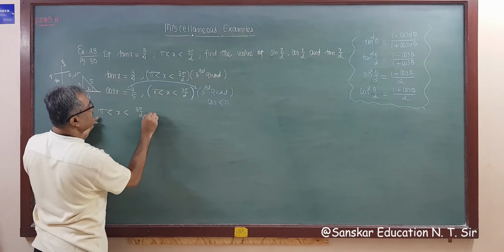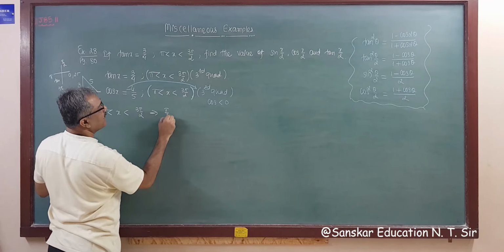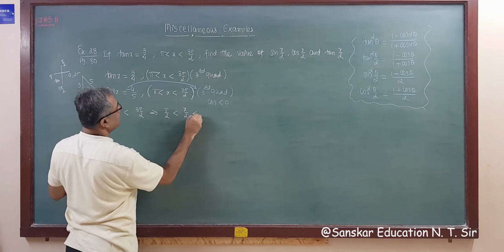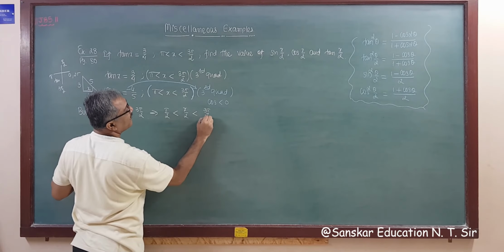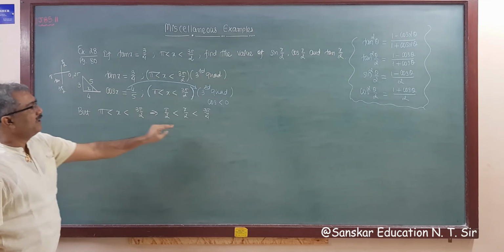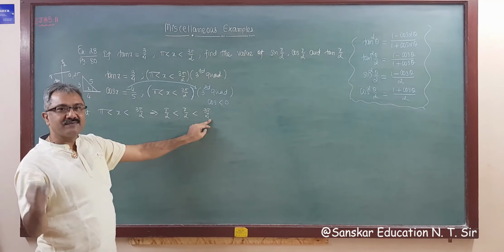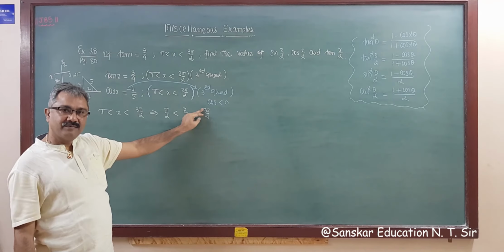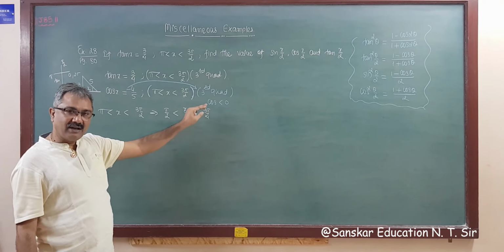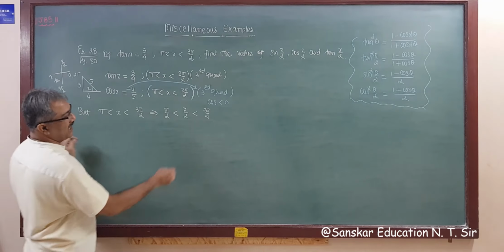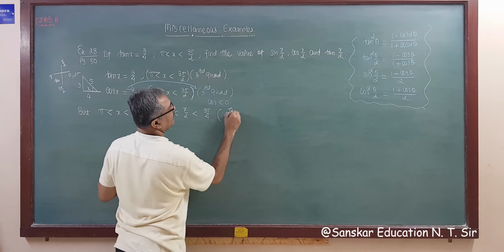If we divide by 2, then this becomes pi by 2 is less than x by 2 is less than 3 pi by 4. So pi by 4 means 45, into 3, that is 135, right? So you will get the second quadrant. So now this is second quadrant.